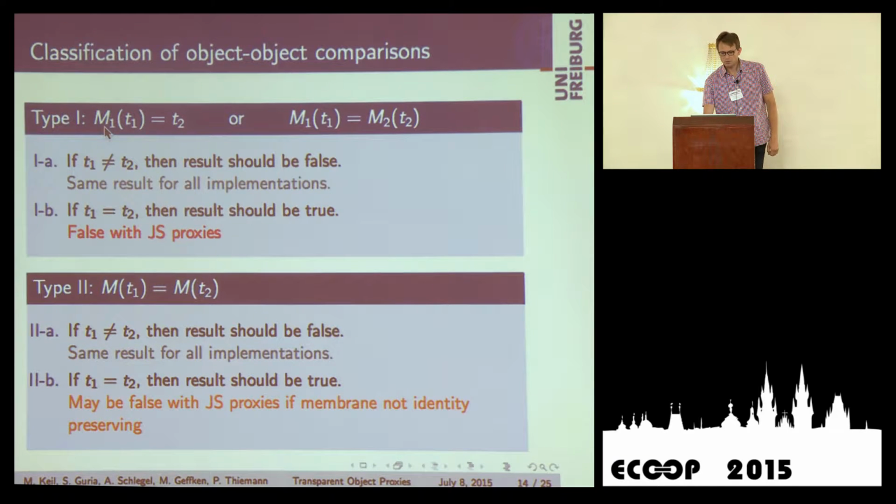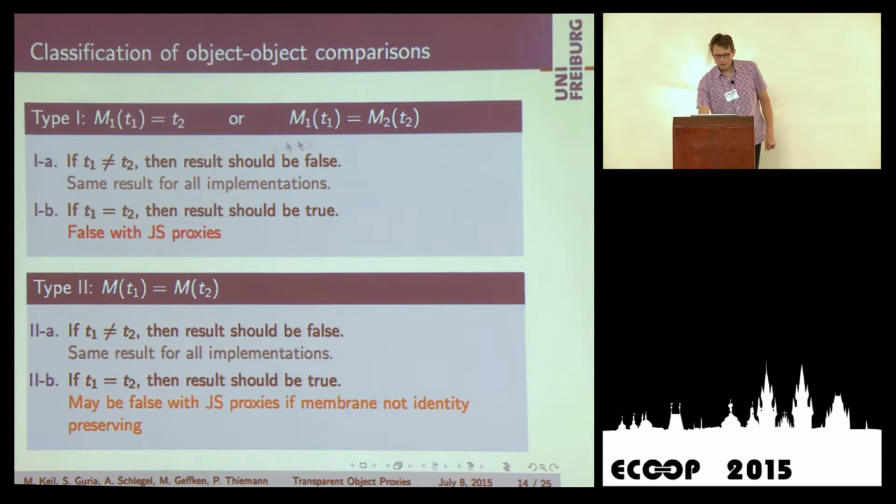The first category was comparisons where I have a wrapped object compared to a naked object, or 2 wrapped objects where the wrappers originated from different membranes. So M1 and M2 are supposed to be membranes, and they're different.